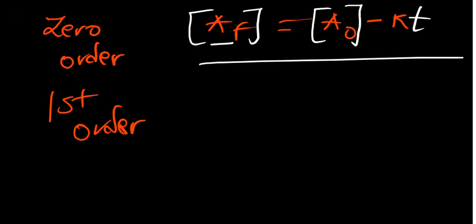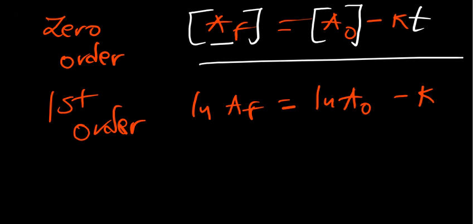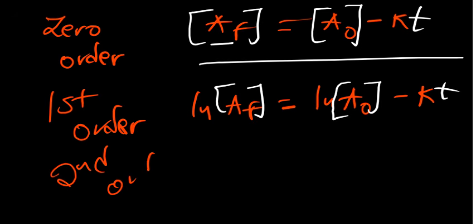A first order is going to be dependent on the natural log of the final concentration, equal to the natural log of the initial concentration, again minus kt. Then for the second order, here the gradient is different, and it's going to be in terms of reciprocals.